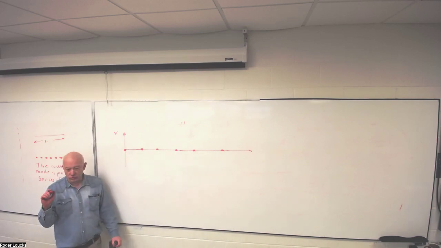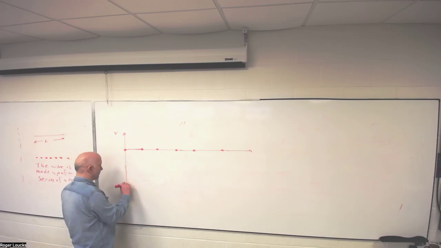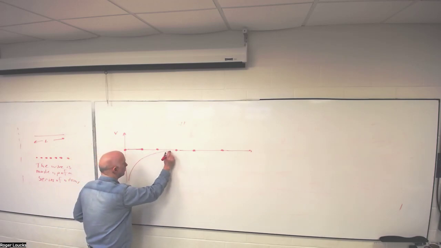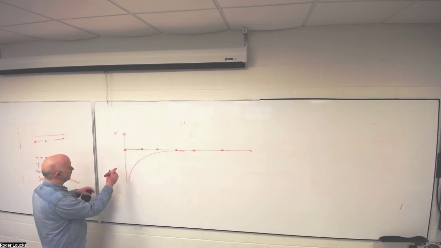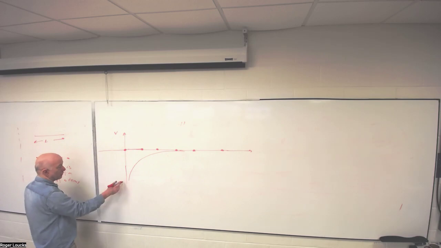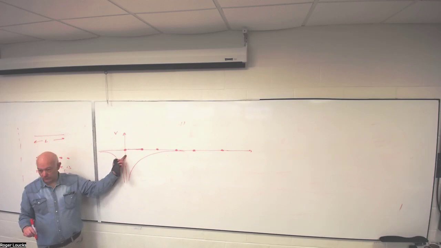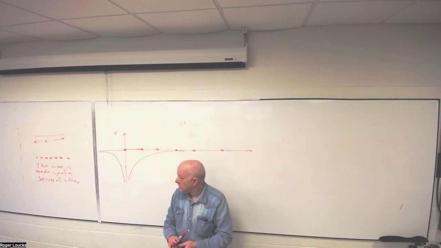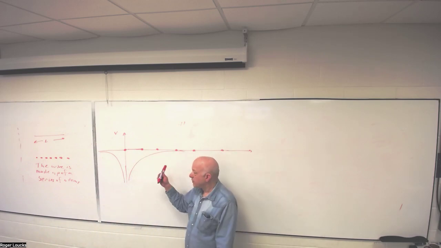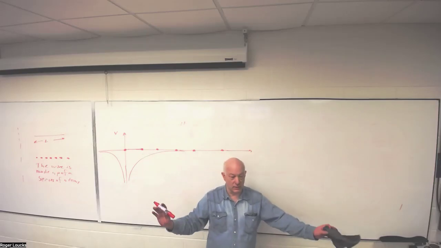How would the potential energy look just for this one? It would go like this, and if I extended it out, with no atoms here, the potential would also go out like this. Now, neglect all of them except for this one. How would the potential energy look for an electron interacting with just this one if I neglected everything else?